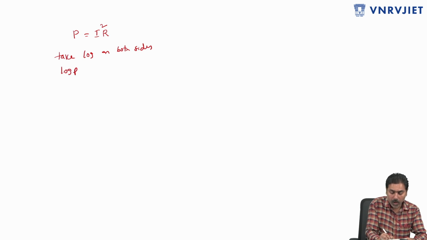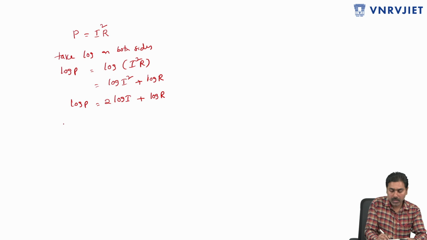Therefore, we get log P is equal to log of I square into R. This log, when we divide, will be log I square plus log R. Since power is 2, we'll have 2 into log I plus log R. This is log P. Now take the differentiation on both sides.